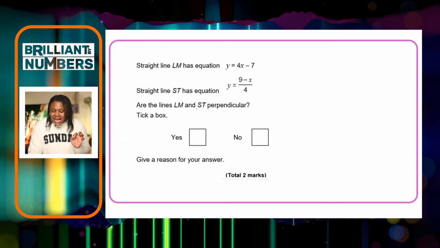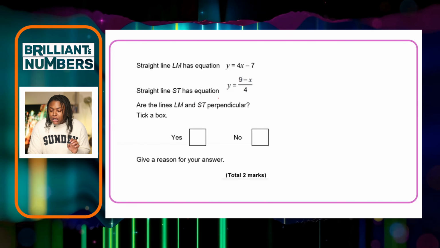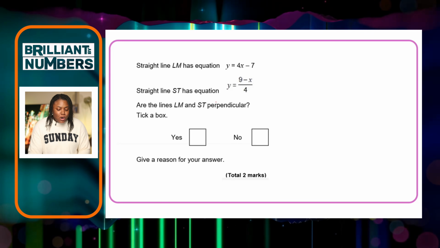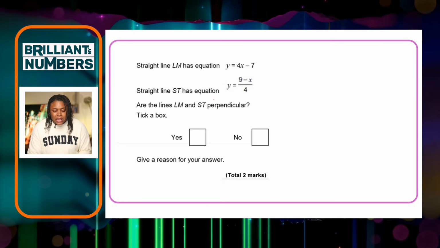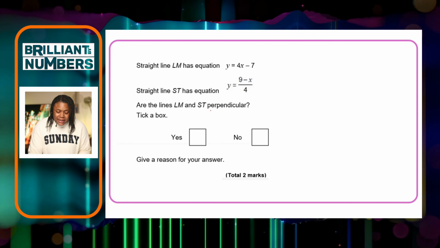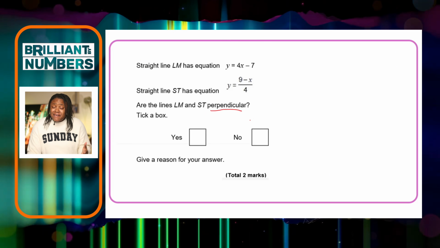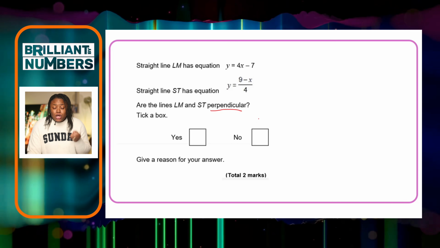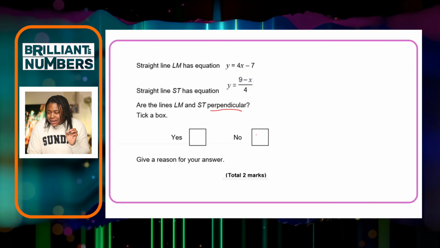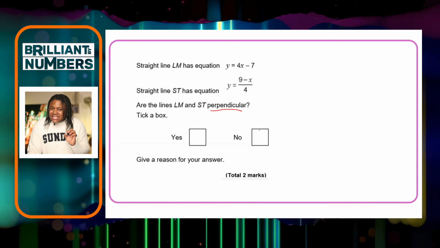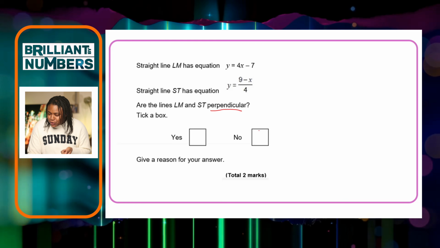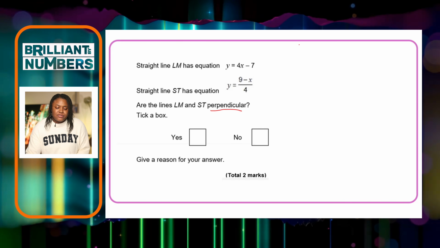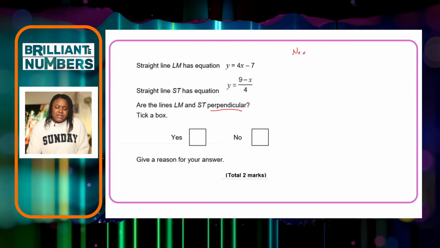Are the lines LM and ST perpendicular? Tick a box, give a reason for your answer. Key point here is perpendicular. So we spoke about parallel lines having the same gradient. So when two lines are perpendicular, their gradients are the negative reciprocal of each other. So let's write that down. Negative reciprocal.